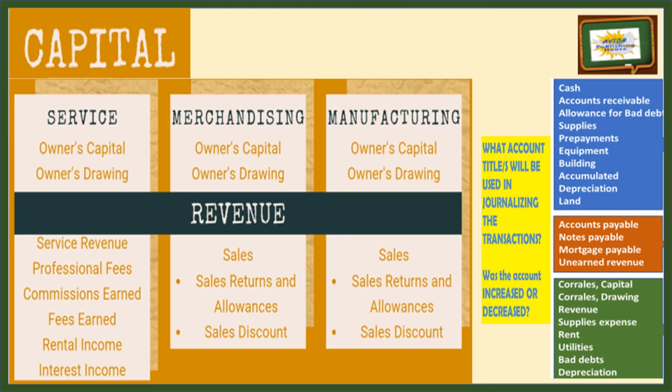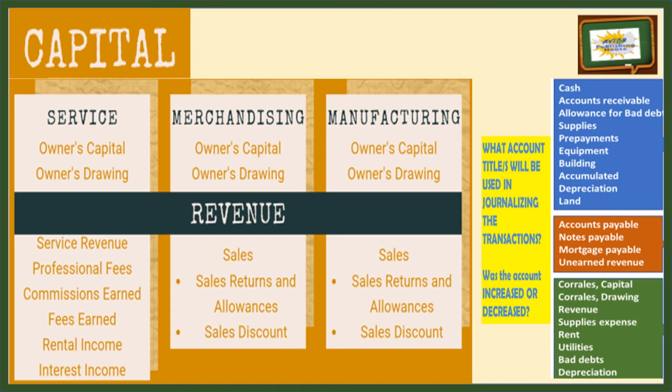So the capital accounts remain the same. If it's a sole proprietorship, even if it's service, merchandising, or manufacturing, it uses the same capital accounts, capital and drawing. If it's a corporation, then you use the same accounts for corporation: retained earnings, capital stock, paid in capital stock.